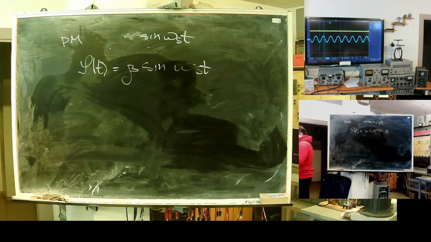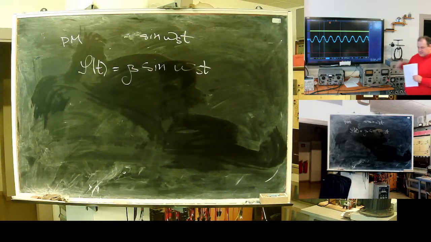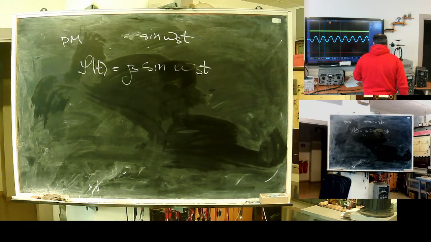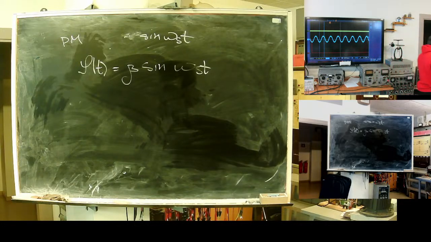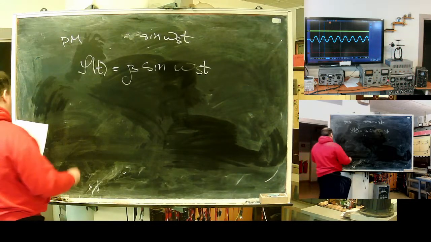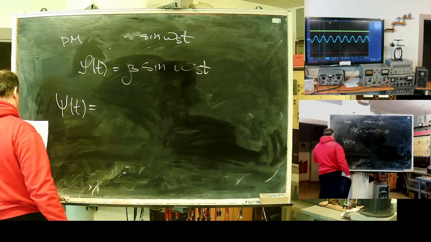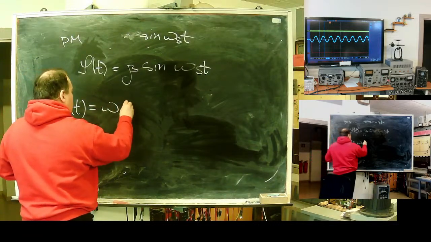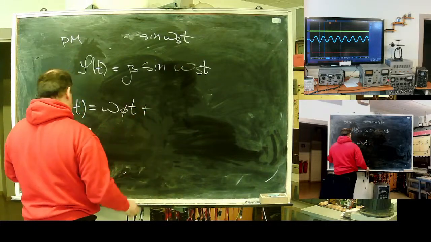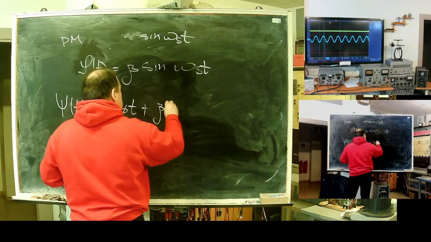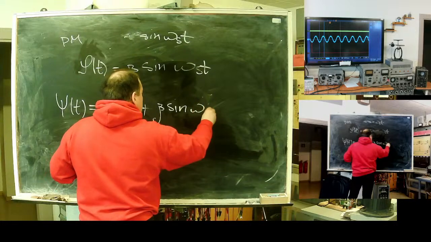Beta characterizes, let's say, the intensity of angle change. For this case, the complete or full phase of my signal will be omega 0 time plus beta sine omega s time.